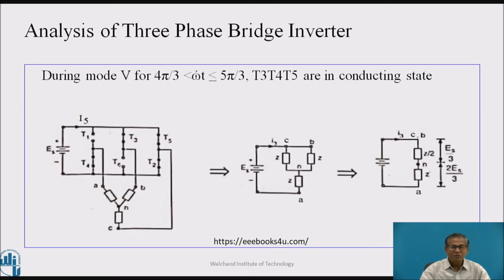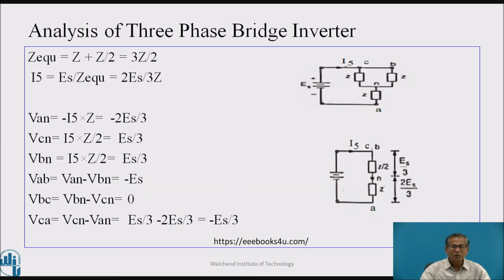Now, mode 5. In this mode, omega t greater than 4 pi by 3 and less than 5 pi by 3, and the T3, T4, T5 are in conducting state. So, in this mode, I5 is equal to ES upon Z equivalent, which is equal to 2 ES upon 3Z.